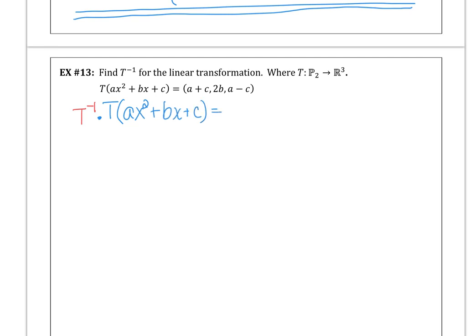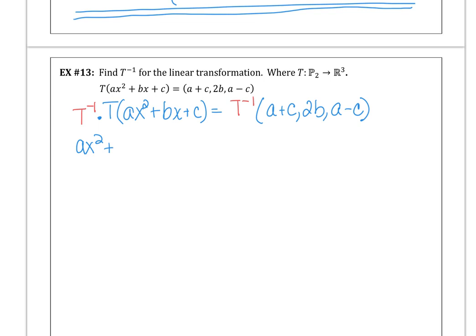That has to be equivalent to the inverse, not negative inverse, to the inverse of a plus c, 2b, a minus c. So I like to write it as matrices.